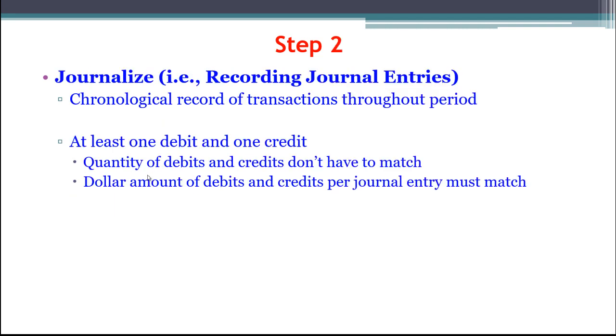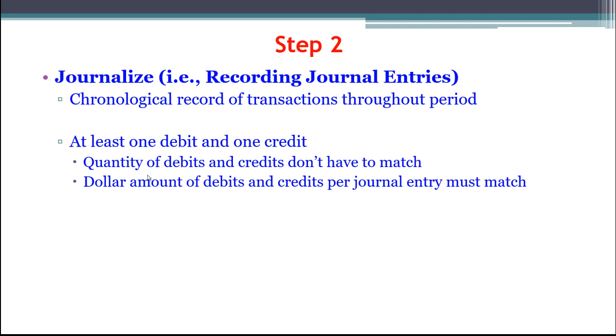Step 2, now we translate that increase or decrease into a debit or a credit. Now, this gets into normal balance that we'll talk about in a few slides. You have to know the normal balance of an account before you know whether an increase needs to be a debit or a credit or whatever. So that comes later. But in step 2, we create the journal entry. It's called recording the journal entry or just journalizing.